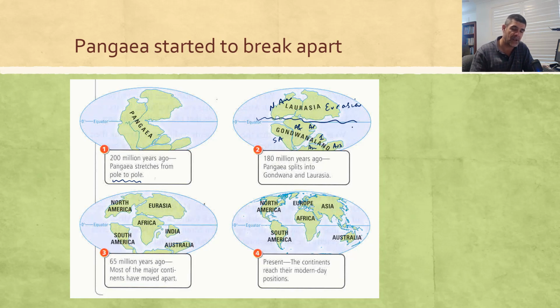This had very important consequences for the different organisms that were living on these different continents at different times. Once they started to move apart, land organisms in particular were not able to move as easily between the continents, and therefore these separations by sea did limit any further migration.